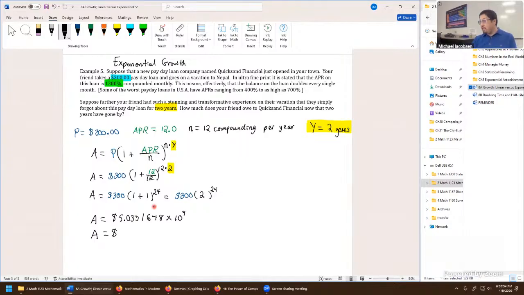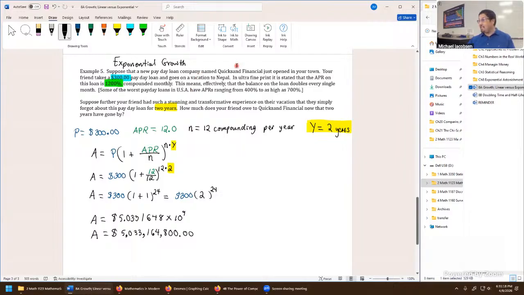Now we start moving the decimal place. 1, 2, 3 places. 4, 5, 6 places. 7, 8, 9. There's where the zeros come in, where it's been effectively rounded to the nearest 100th. And no cents. So the friend owes $5 billion to Quicksand Financial.